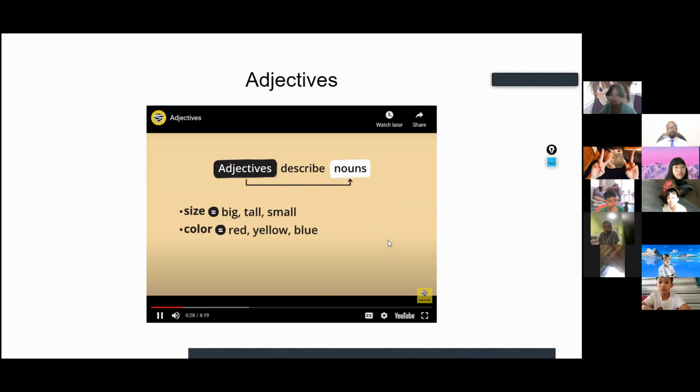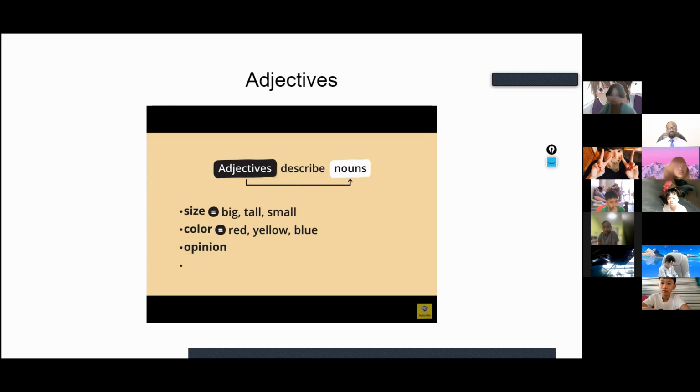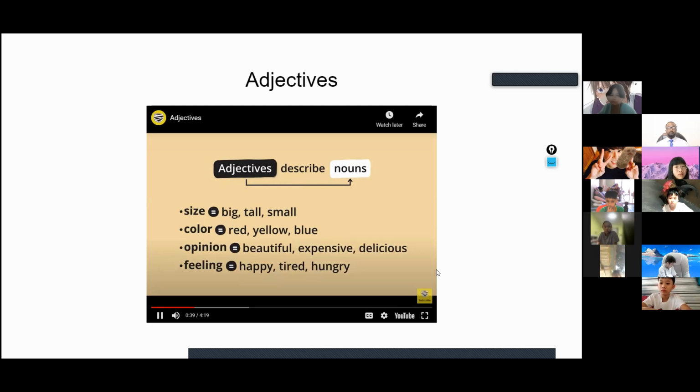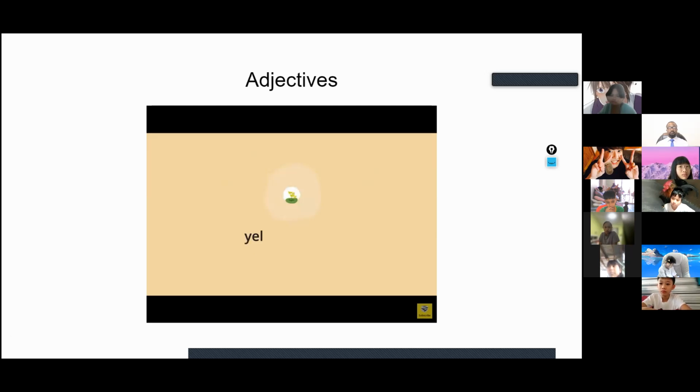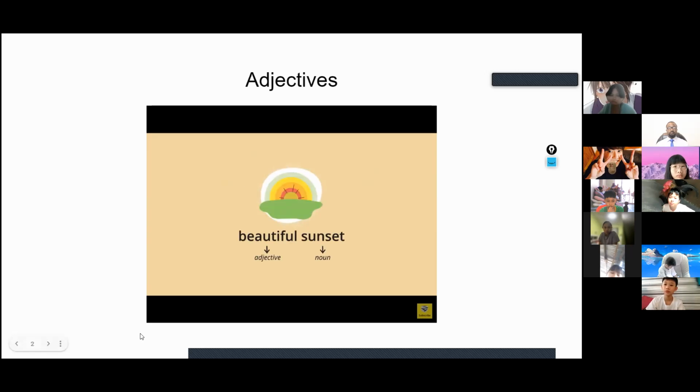Adjectives can also tell us someone's opinion about a noun or describe how someone is feeling. For example, big cookie, yellow flowers, beautiful sunset, hungry dogs.